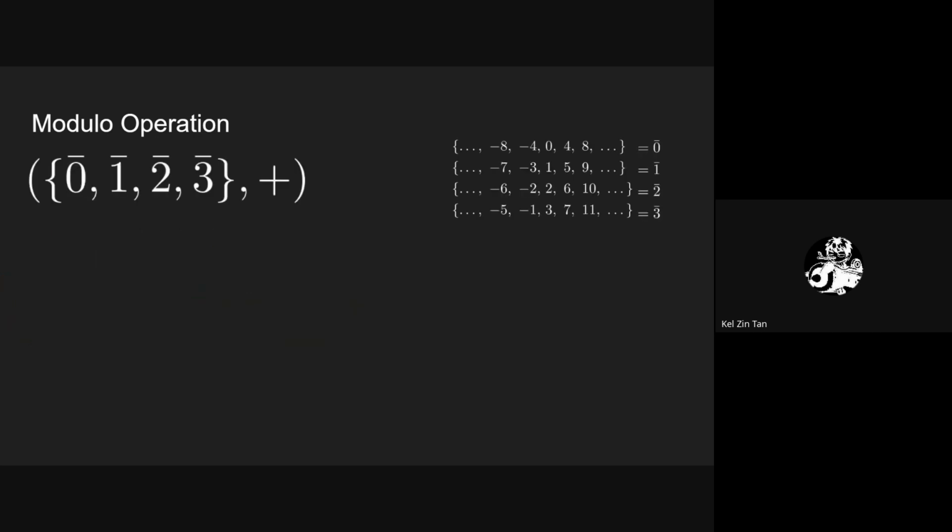With this, we can form this thing. I put all the 0 bar, 1 bar, 2 bar, 3 bar together here, and this is a set of 4 sets. So this is a set of sets.